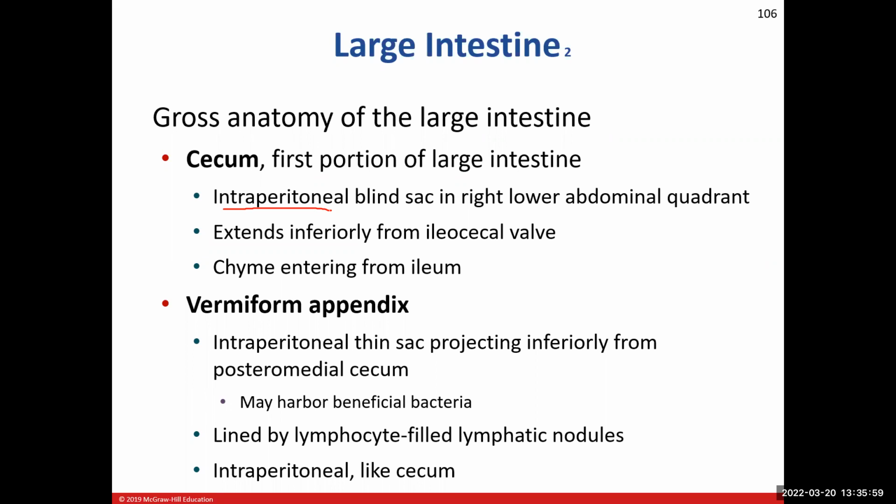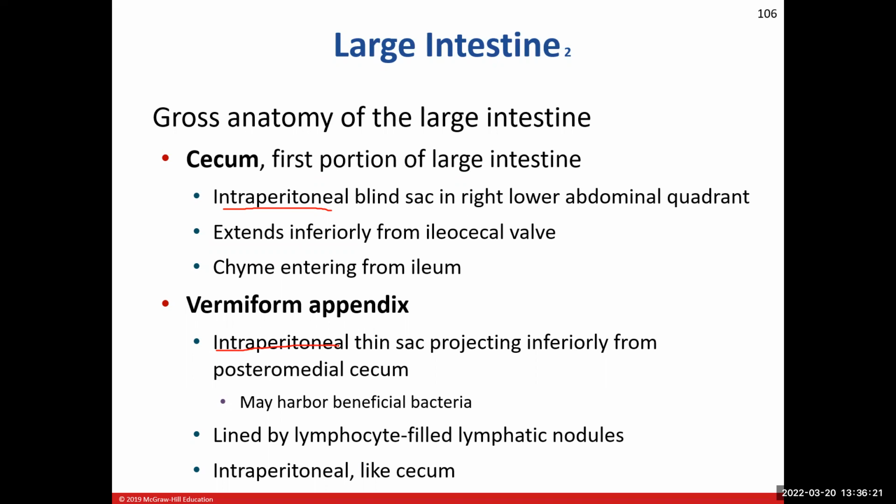Now, inferior to the cecum, we have the appendix, properly named the vermiform appendix, another intraperitoneal structure. It hangs off the bottom of the cecum. Some of you may have had an experience with this if you've ever had to have your appendix removed.